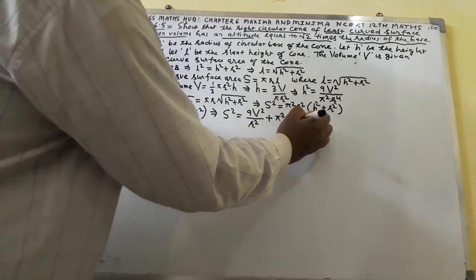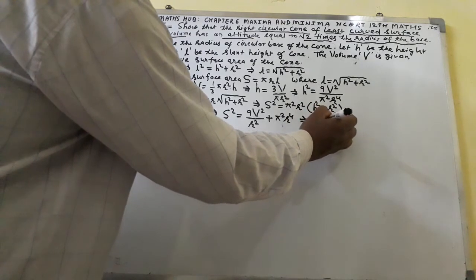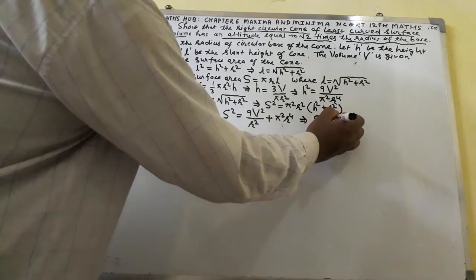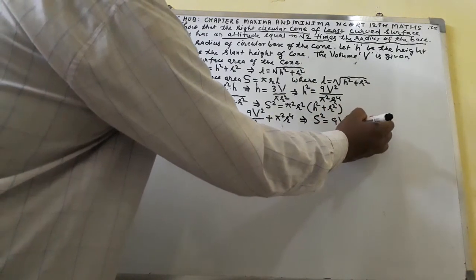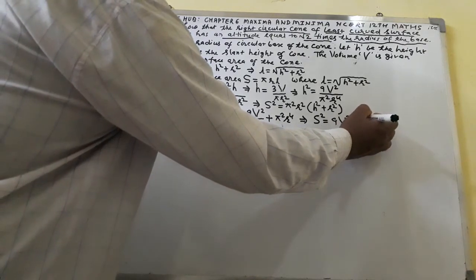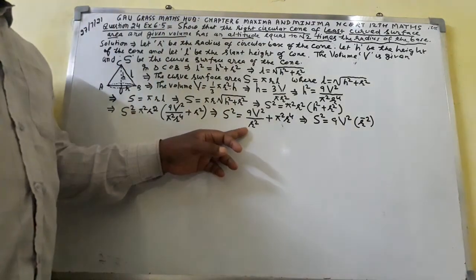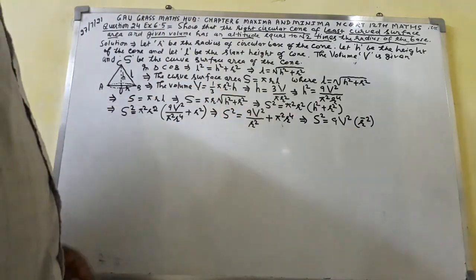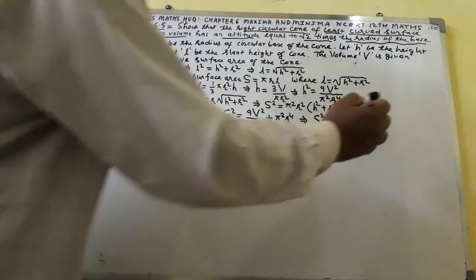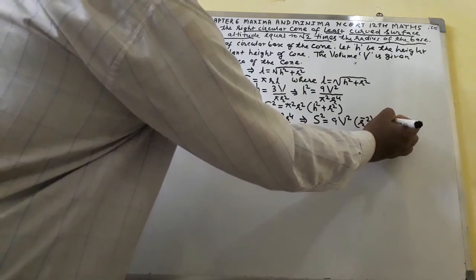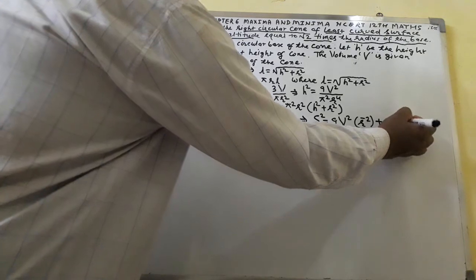Again I shall write, implied that S square equal to 9V square in bracket R raised to the power minus 2. This R square will move back to numerator. You will get here R raised to the power minus 2 plus pi square R raised to the power 4. This thing we have got.